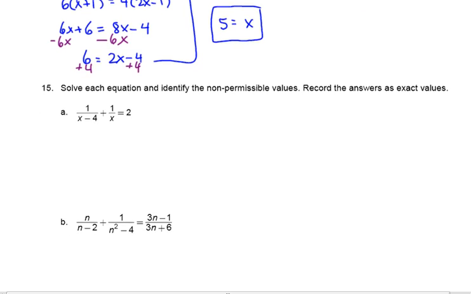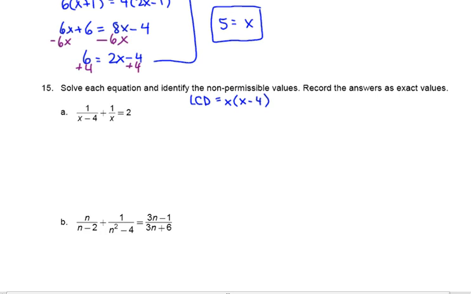So we looked at a couple ways yesterday to solve this. One is we can add these, get a common denominator, then cross multiply. Another way that we learned was we multiply everybody by our lowest common denominator. And this is what we did in class a lot. So what's the lowest common denominator of this guy? X times x minus 4.